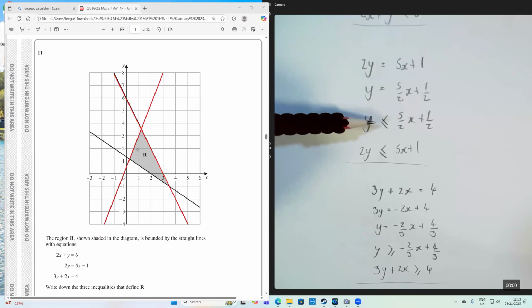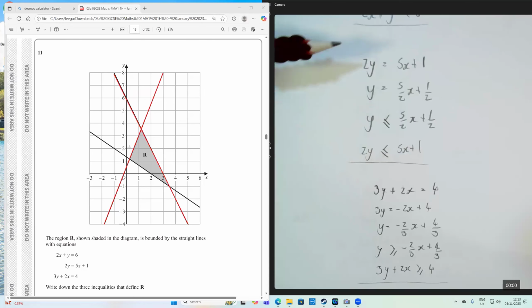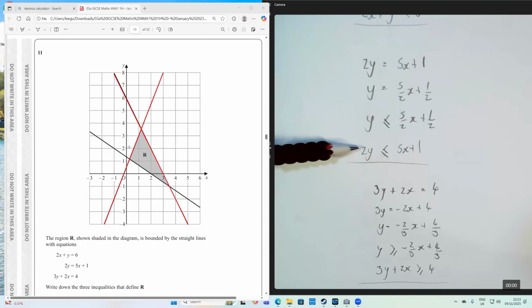And you can see that the region R is where the y values are below the line. So y is less than or equal to 5 over 2 x add a half. And then finally, just like I did last time, I rearranged it back into the original format. So the inequality for this one is 2y is less than or equal to 5x add 1.